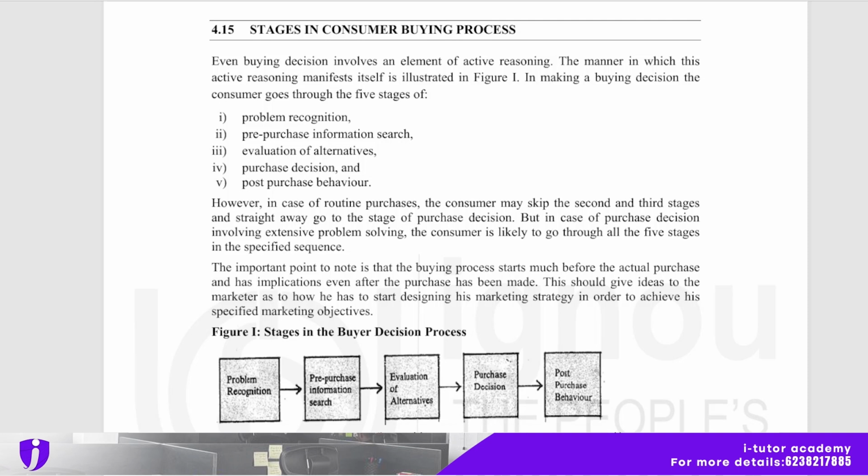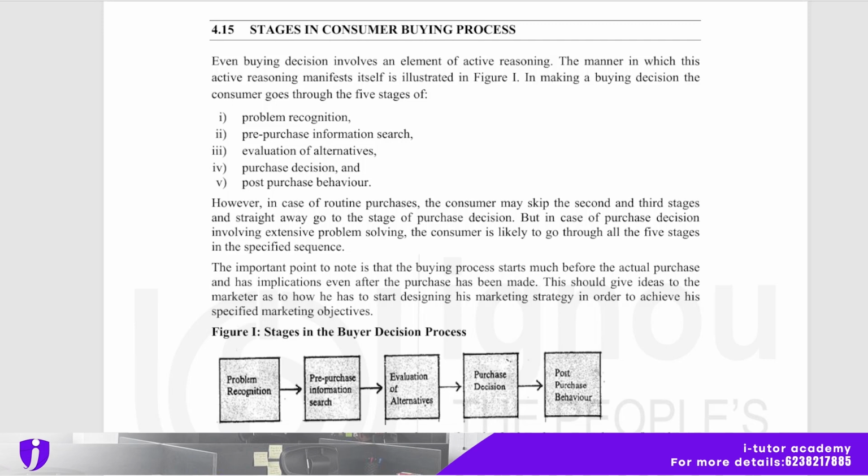So if your toothpaste is over, you find out the problem, then the pre-purchase information search for which product you buy first, and evaluation of alternatives, if any other good toothpaste is in the market. Then the purchase decision, and you evaluate all things, right? Its price, its quantity, etc. And post-purchase behavior also, how the product is, then you evaluate. So these are the stages in consumer buying process.